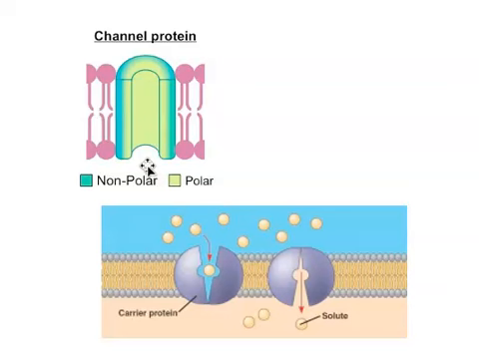Remember, proteins are enormous molecules. They are macromolecules. Most of them contain hundreds or even thousands of individual amino acids. Each amino acid has its own chemistry. Some of them are polar, some of them are nonpolar. Some of them have charges, some of them don't.